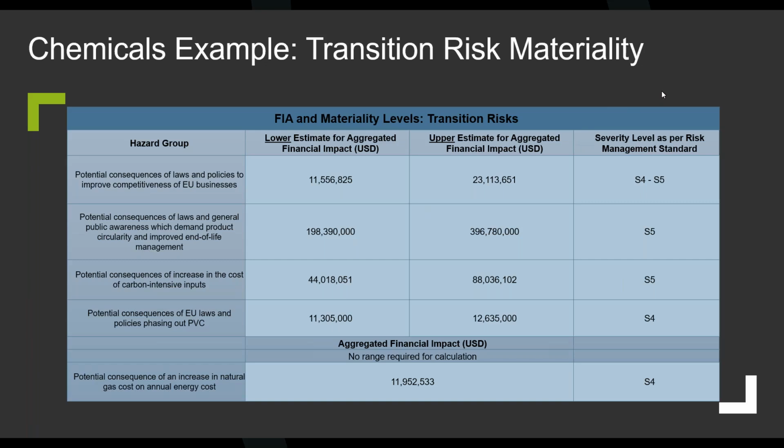Now, I'll just comment on a couple of things here, linking back to Andy's point about ranges, where ranges are very practical. With transition risk, in this case, we had to use ranges because some of the assessments were, for instance, about legislation in the EU that could prevent access to a market for certain products. Now, it's very difficult to find a model that will predict a precise percentage decrease in your sales of your particular product.